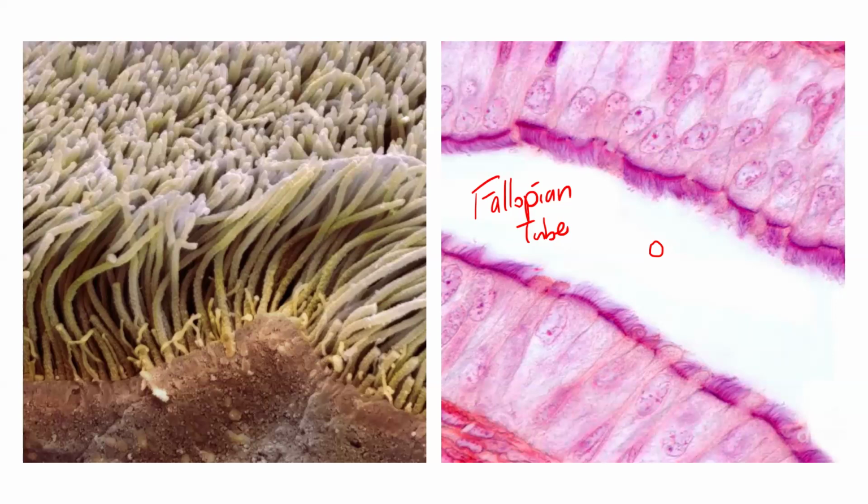If the egg drifts up too much and goes to the edge, the cilia will be sweeping, like, keep going, keep moving, you're not there yet. So cilia in the airway and cilia in the fallopian tube. Both cilia and flagellum are made up of microtubules.